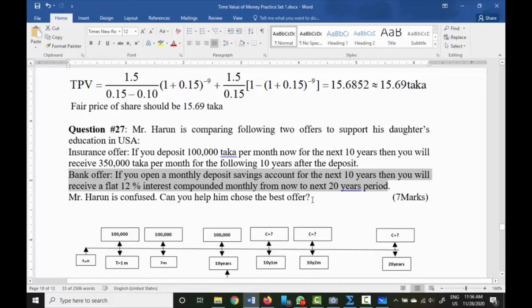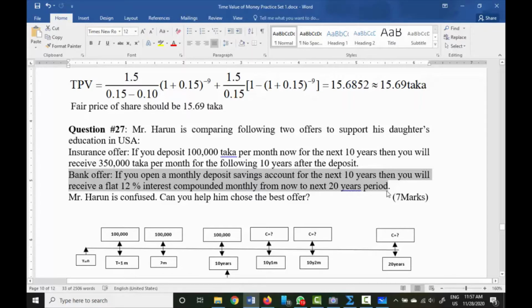The bank is not saying how much installment you should pay or how much you will receive in the future. The bank is just saying that if you open a monthly deposit savings account for the next 10 years, then you will receive a flat 12% interest compounded monthly from now to the next 20 years period.